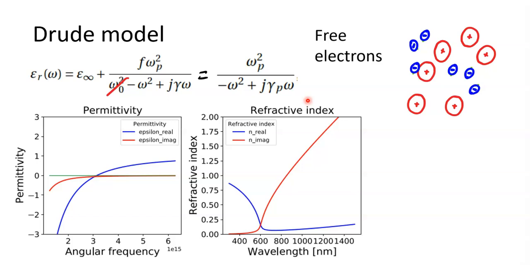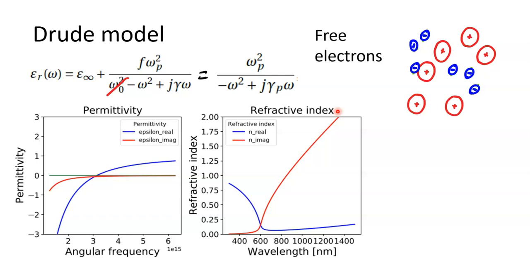When the respective refractive index is calculated, we observe refractive index below 1, which is connected with large imaginary part. It means that optical loss is high.